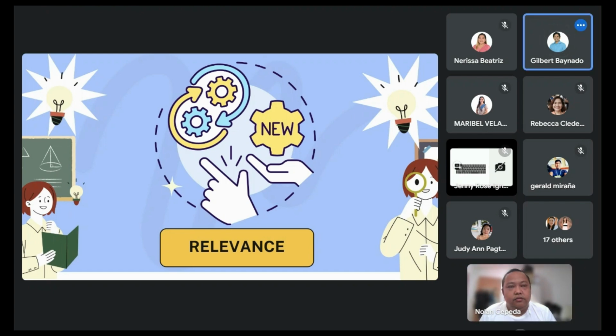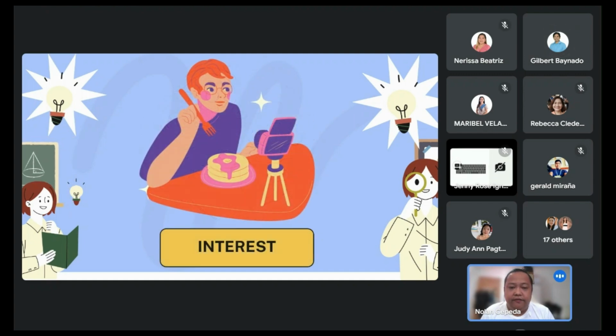It will provide us an easier avenue for collecting data, since it is relevant to what we are already exposed to. The second is interest. Aside from being relevant, it should be within our interest as well. Sabi nga niyan, pag gusto mo yung isang bagay, mas madali mo siyang magagawa. So this is also true in research.